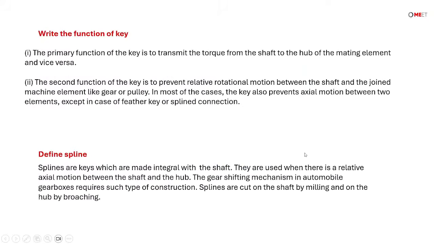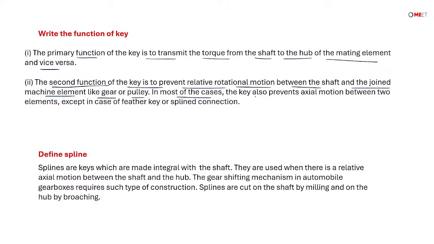Moving to the next question, write the function of a key. The primary function of a key is to transmit the torque from the shaft to the hub of the mating element and vice versa. The secondary function of the key is to prevent the relative rotational motion between the shaft and the joined machine elements like gear and pulley.